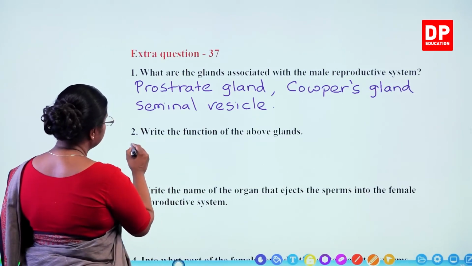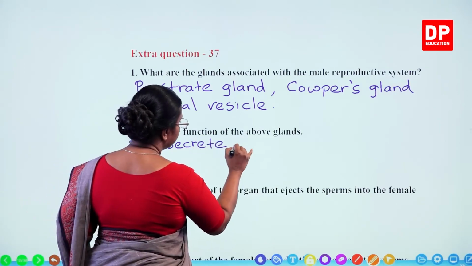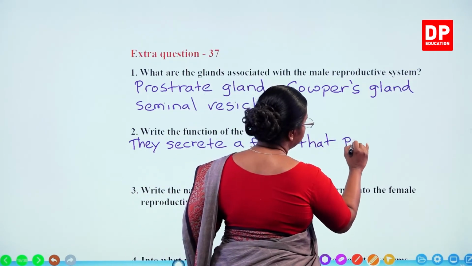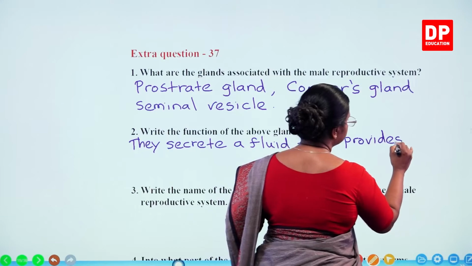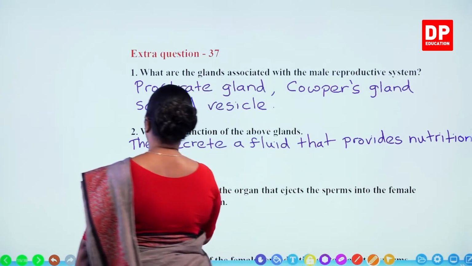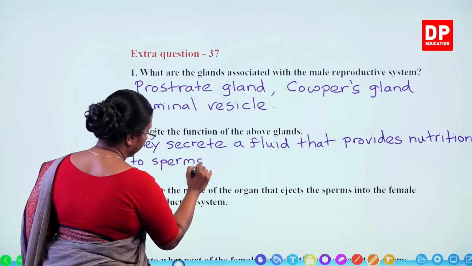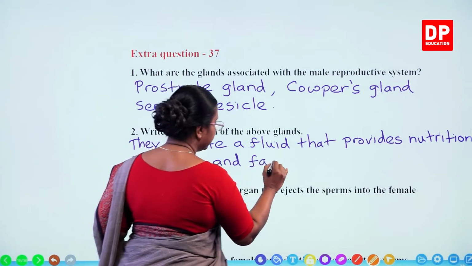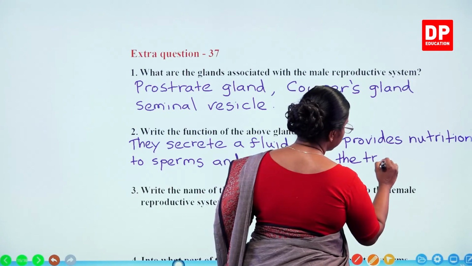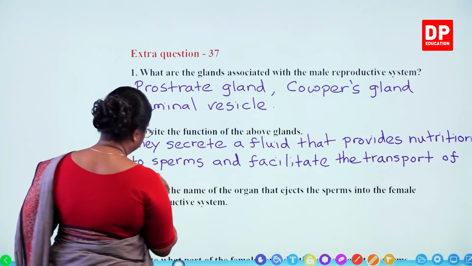So here we can say they secrete a fluid that provides nutrition to sperms and facilitate the transport of sperms.